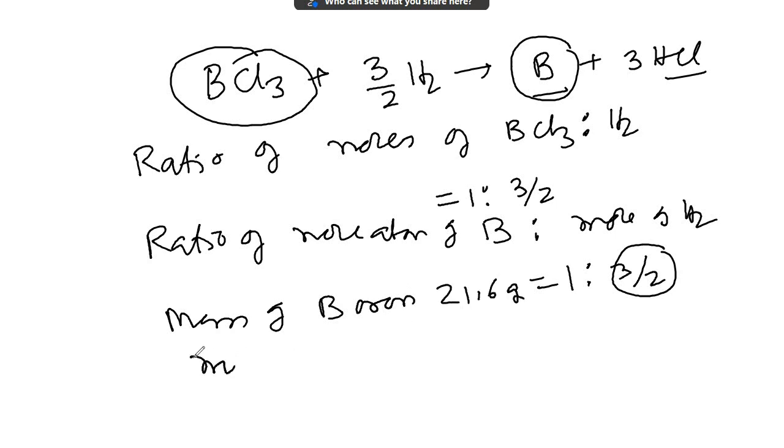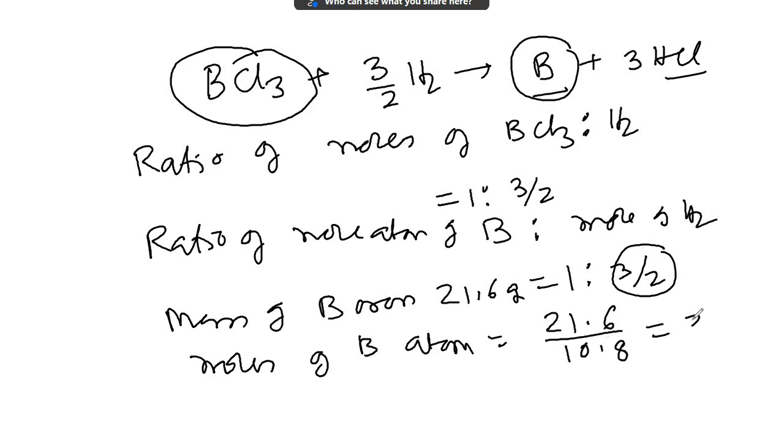Moles of boron atom is 21.6 divided by 10.8, which is equal to 2.